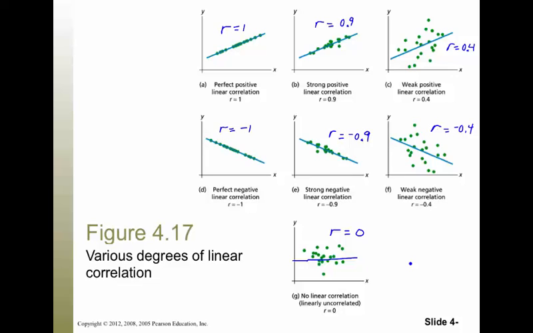The further away from 0, or in other words, the closer you are to 1 or -1, the stronger the correlation is between X and Y, or the more strongly X is predicting Y. Another observation: there's one more important observation to make here.